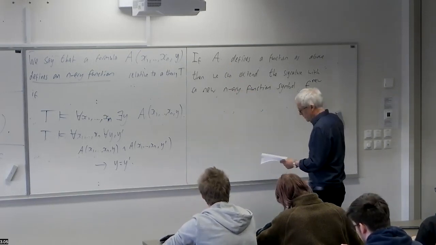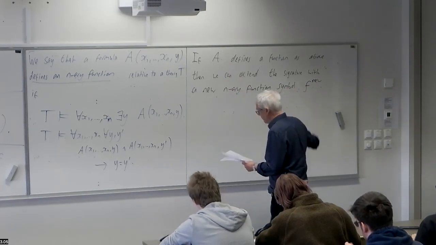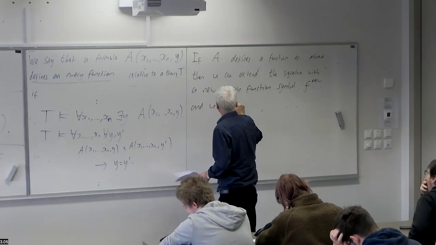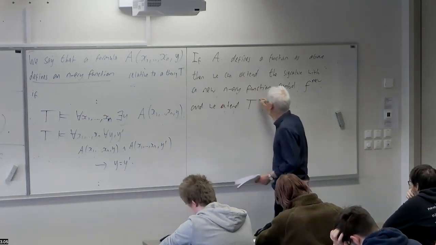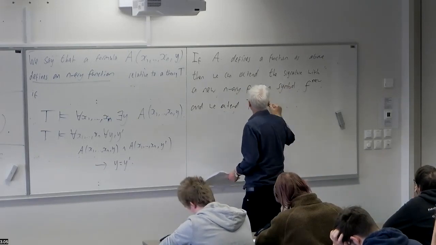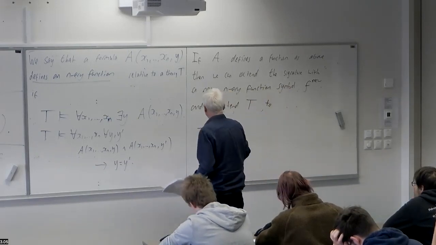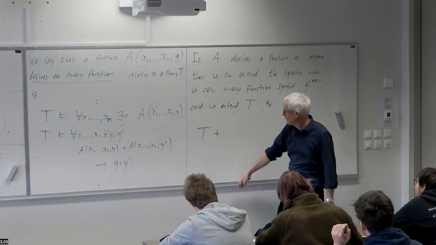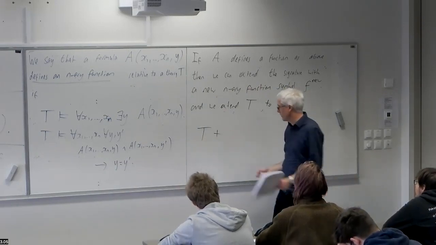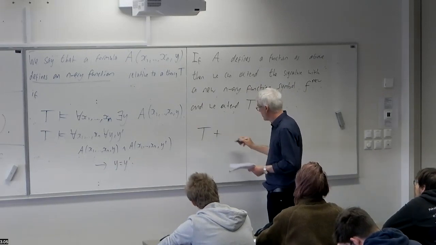So we extend the signature with a new function symbol, and we extend T by adding a new sentence to it and then closing under logical consequence. So standard notation for this is we keep the theory T and we add to it also the logical consequences of the new equivalence that we're adding.